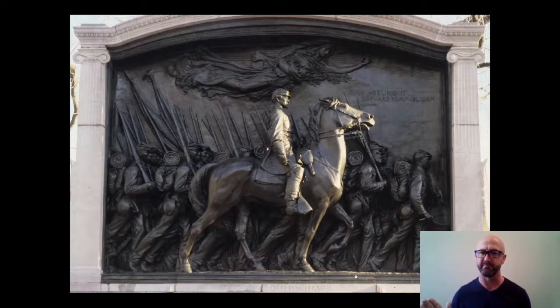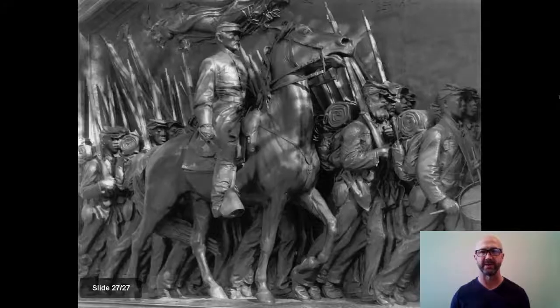Their legs mimic and follow the same kind of path as the horse's legs, making a correspondence between blacks and animals that was just frankly far too common at this time, as we've already seen. And so it led a lot of people to be a little bit concerned with the way that this erstwhile memorial to this famous black regiment still seemed to carry some of the prejudices or problems of representation that had been around for quite a while.